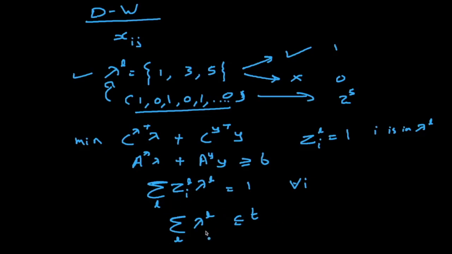Okay, and all lambdas are binary, z's are binary, y's are whatever they were before, and this basically breaks the symmetry. The only issue is that we have a very large number of variables, which is 2 raised to s, and this problem is essentially too large to fit in memory if we have larger sets. If s is, let's say, even 100, just 100 items, we'll have 2 raised to 100 variables. So that's too large for normal computers to fit in.